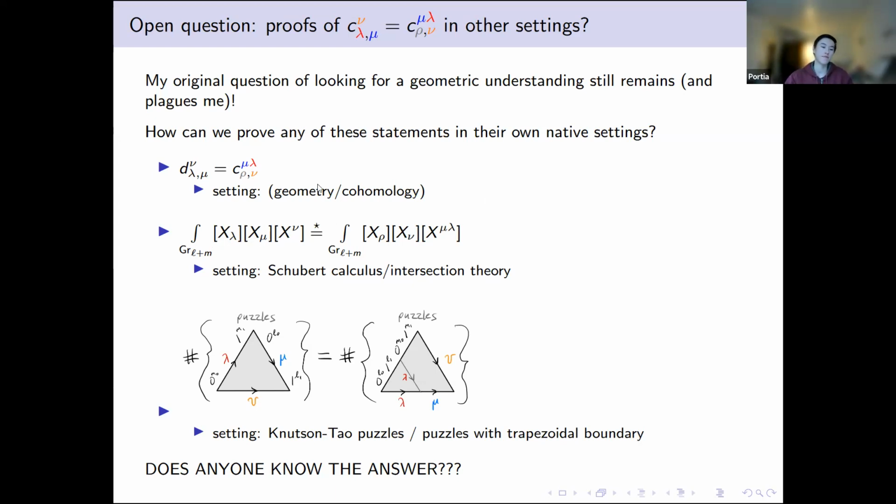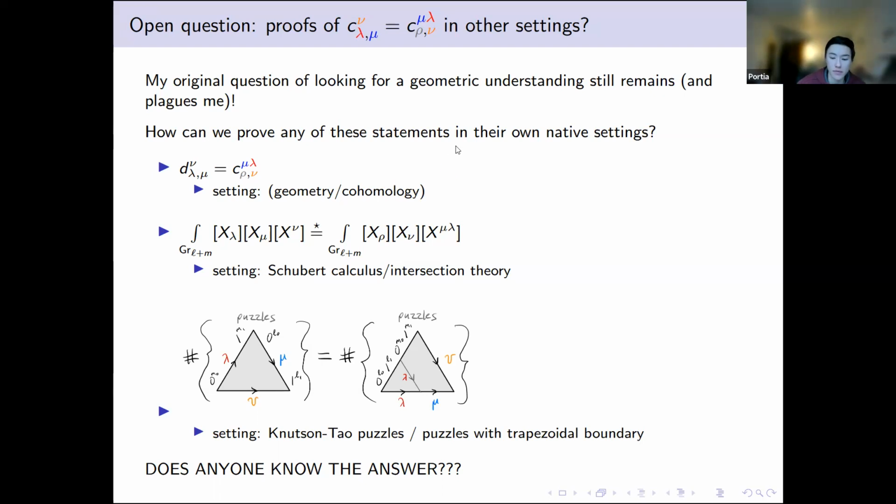So I still want to find the parallel geometric understanding that corresponds to that, which I think would be cool, and also I want to understand the geometry for K theory and other cohomology reasons and beyond.